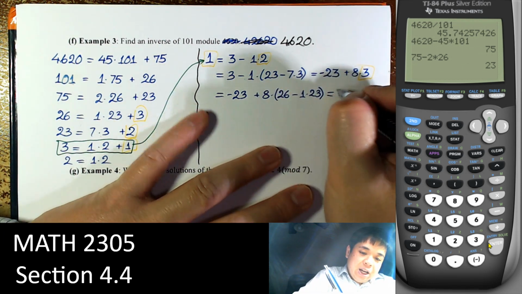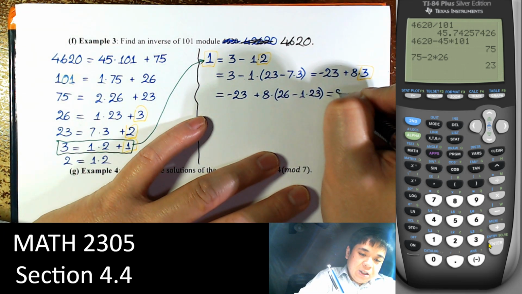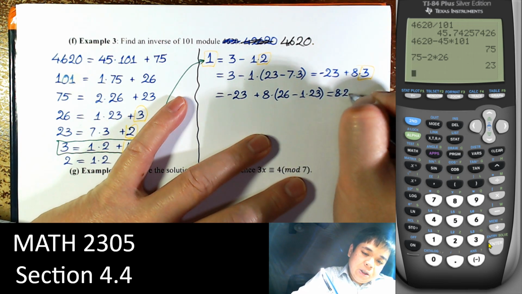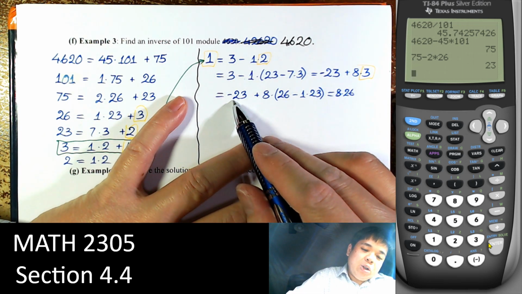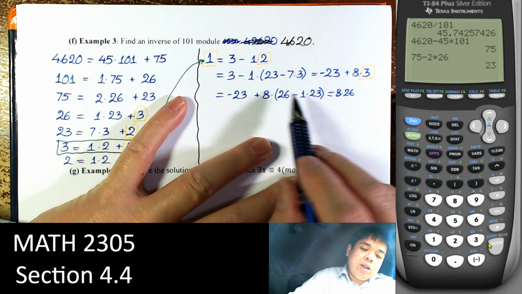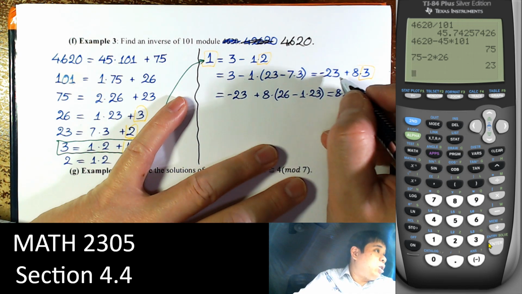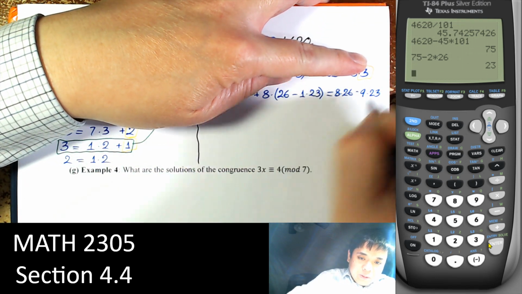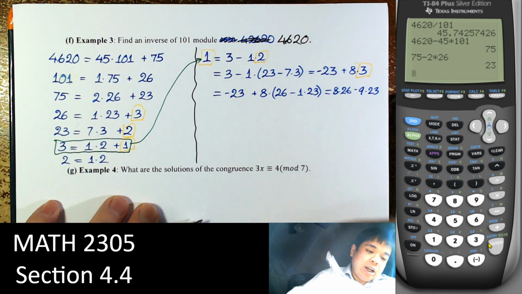So that gives us 8 times 26 minus 8 times 23 minus 1, so minus 9 times 23. Next we will take care of the 23.